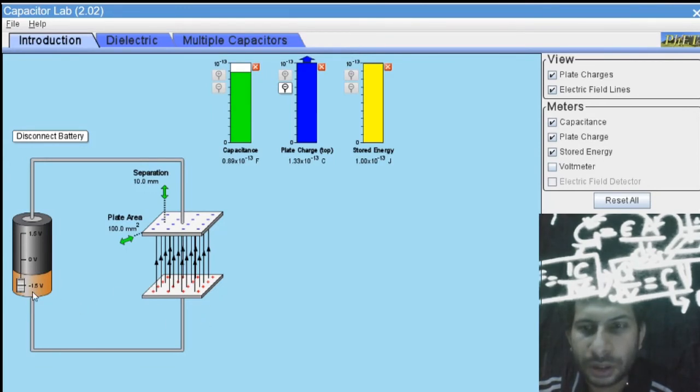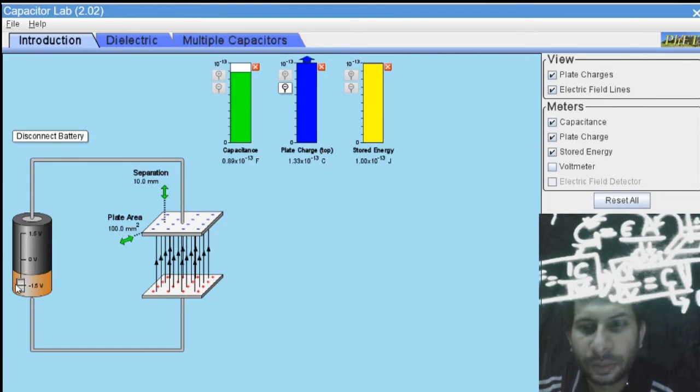That means minus 1.5 volt is given to the upper plate, and the plus terminal is connected to the bottom terminal. And now you can observe these electric field lines are reversed in direction.